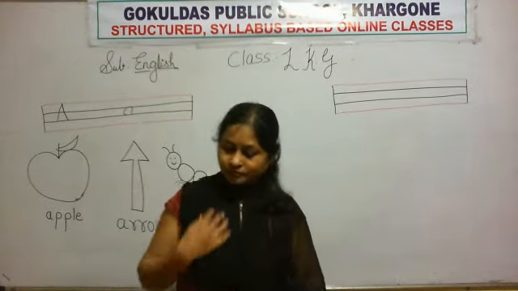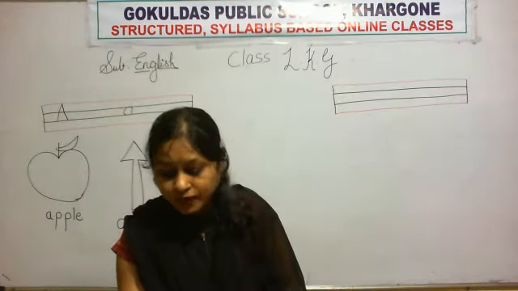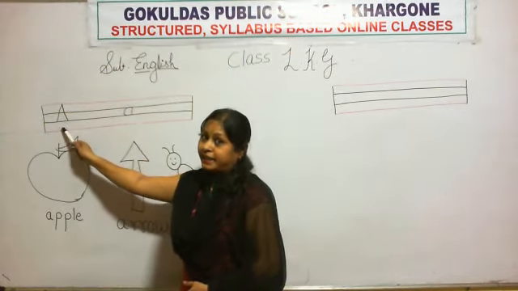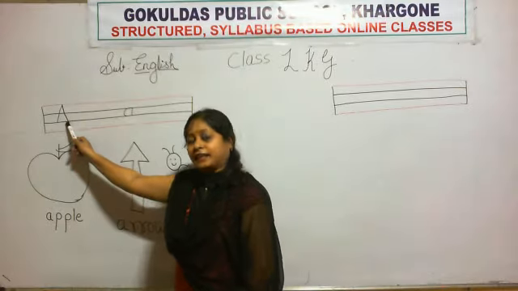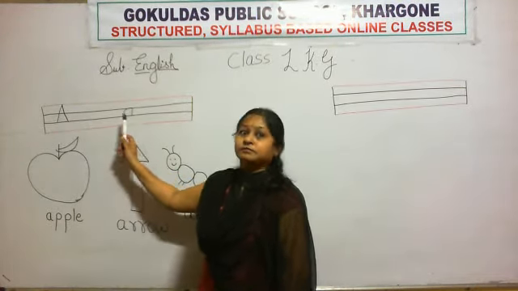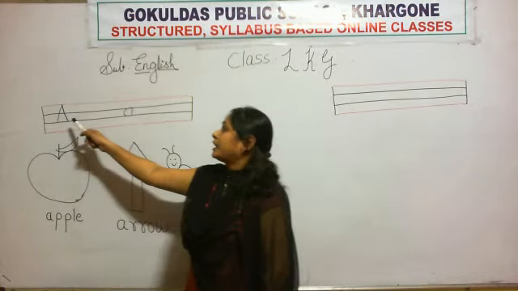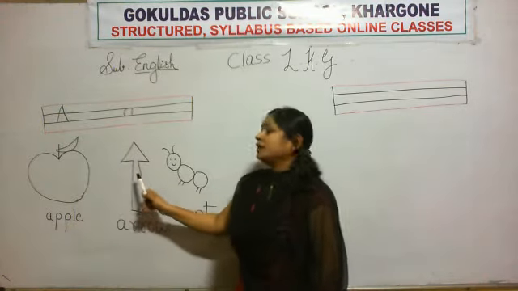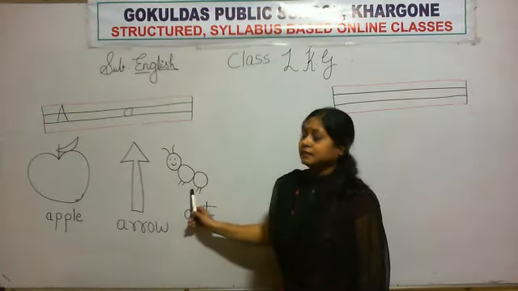Very good. Okay. Which letter we have learned now? A. This is Mama A. And this is baby A. What is this? Baby A. A for apple. A for arrow. A for ant.